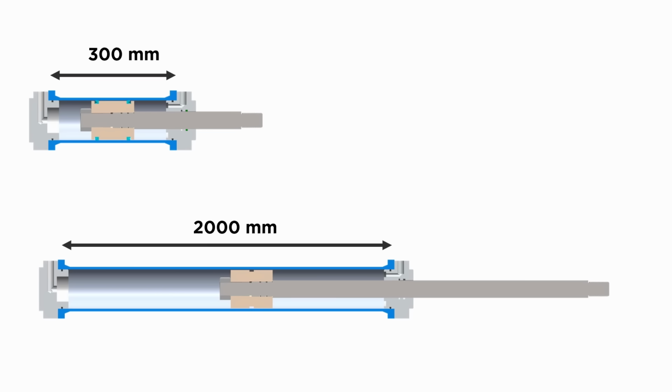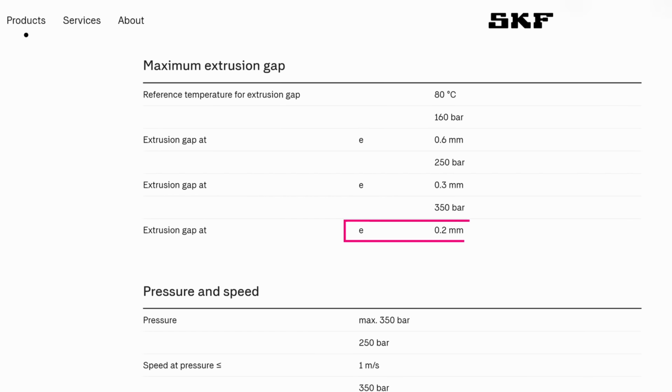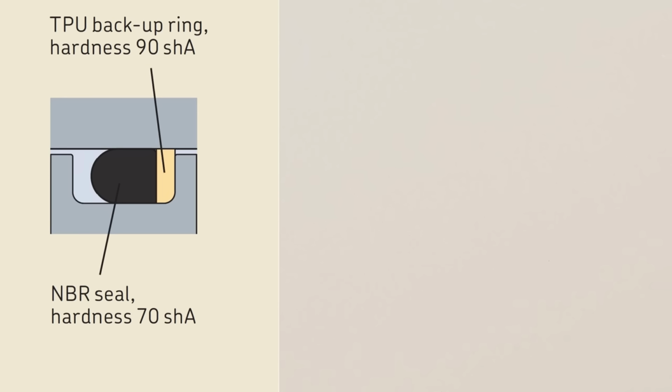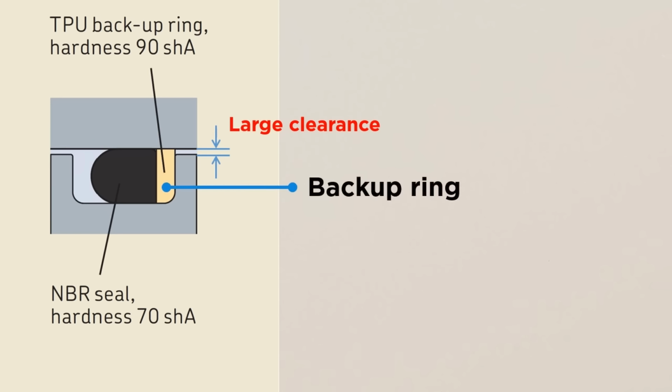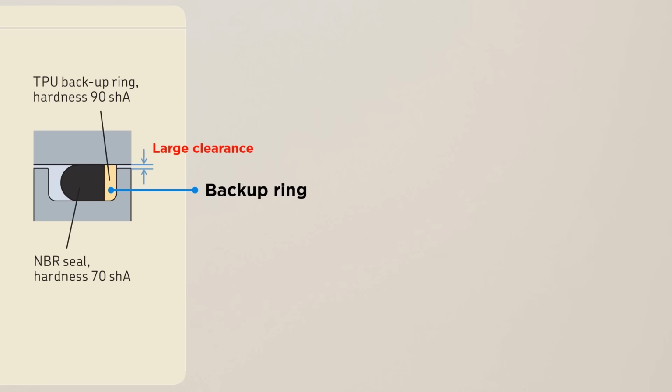So in some cases, if we cannot ensure the maximum E gap during manufacturing, or if maintaining such a small clearance would result in high manufacturing cost, we need an alternative solution. In such cases, we can operate with a large clearance and use backup rings with the main seals.